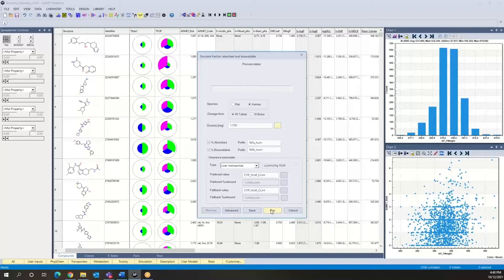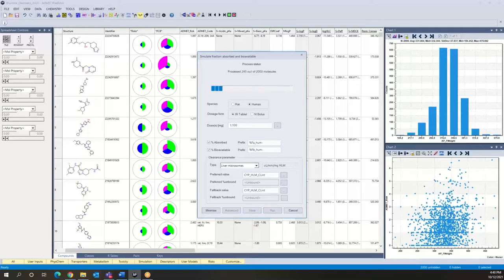In order to calculate fraction absorbed, %FA, and %FB, we have both checked right now, so it's going to calculate both, again for both 1 and 100 milligram doses. The only thing you have to do to get this going is press the run button. So we're going to go ahead and do this.